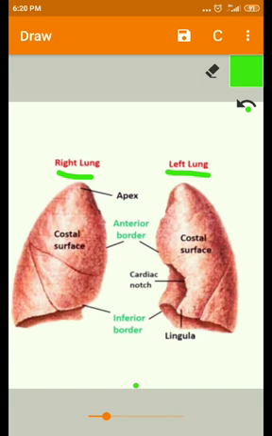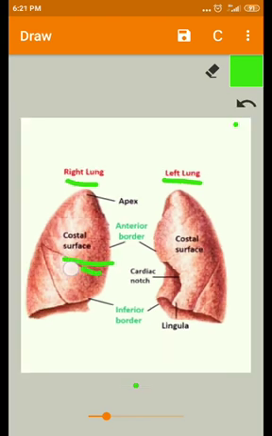So now we are going to see. The right lung is divided into three lobes. See here, you can see this is one lobe, second lobe and third lobe. It is divided into three lobes, that is superior, middle and inferior lobe. How are these three lobes formed? By two fissures.